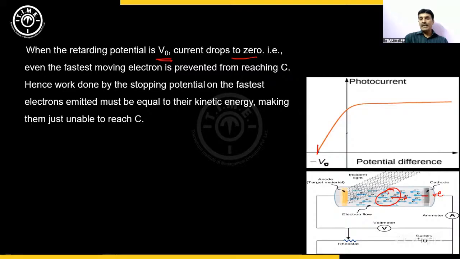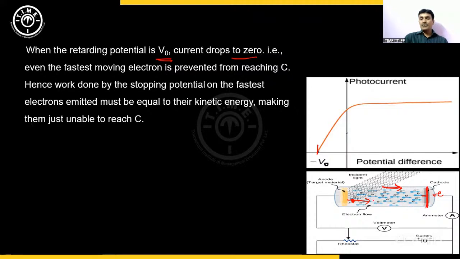Between the negatively charged electrons and this negative plate, there is a repulsion, and that repulsion is able to stop the fast moving electron despite its high kinetic energy towards the anode. So it is not an accelerating potential but a decelerating one. There can be some electrons released with high kinetic energy. Even this electron moving with high kinetic energy towards the collecting anode is stopped by the negative potential applied here.